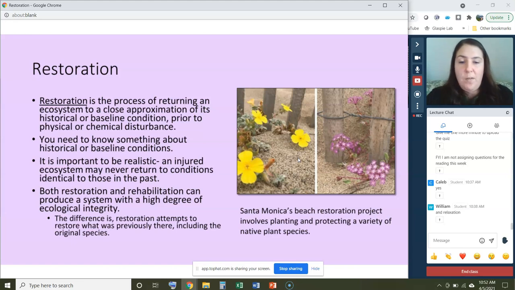So in an example of restoration, in Santa Monica, there's a beach restoration project going on, and this project involves planting and protecting a variety of native plant species. They want to get their native plant biodiversity back. And so these plant species may not serve a specific role that's any different from any other marsh grass, but they are a unique component of the biodiversity in the area.